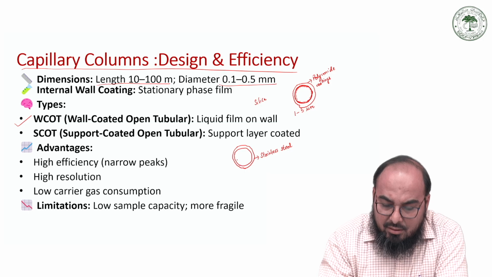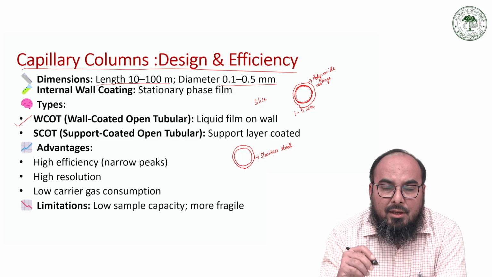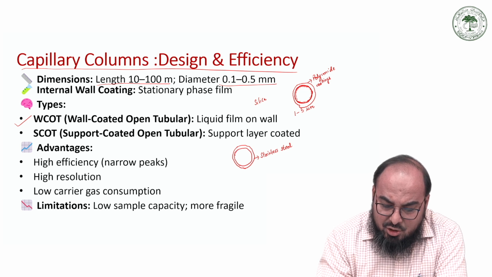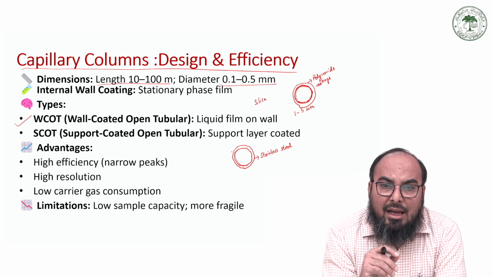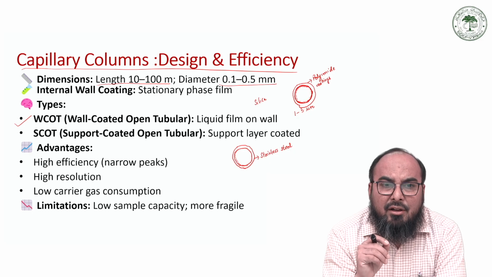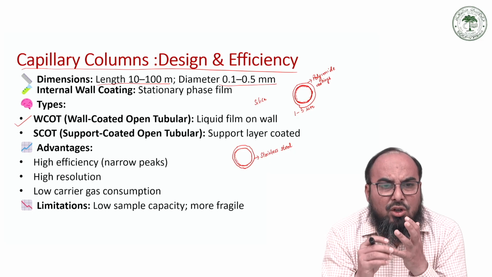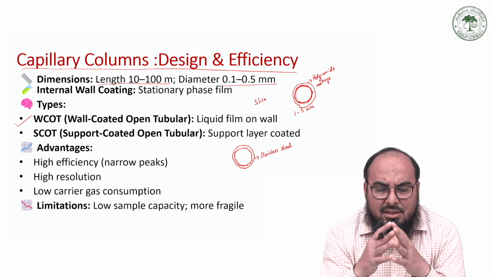You take certain material and you coat it, and on that coating you then immobilize your liquid or your stationary phase. And now here the column is ready for the separation. Now each of these, WCOT and SCOT, has certain advantages and disadvantages.